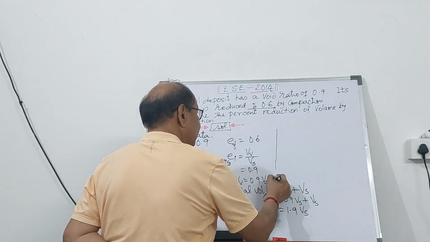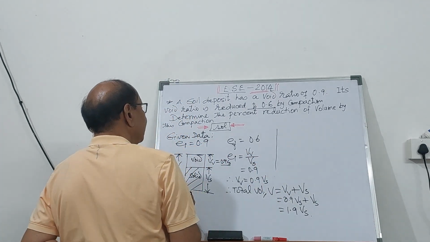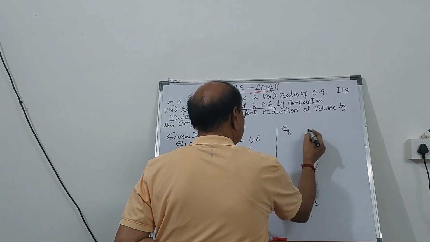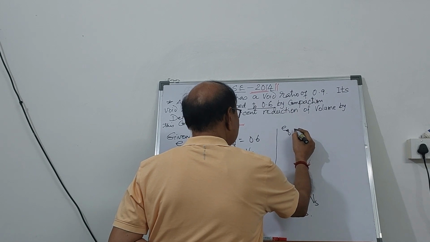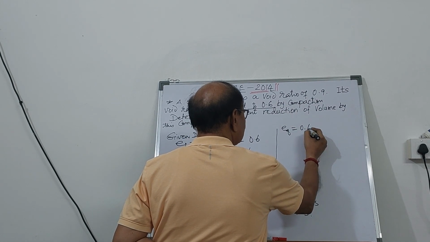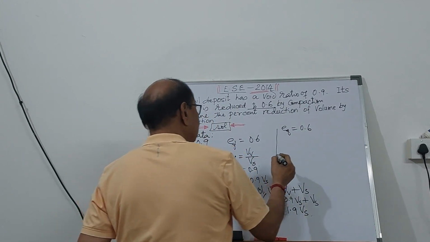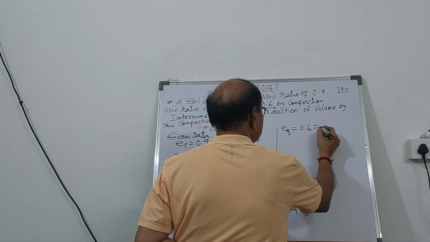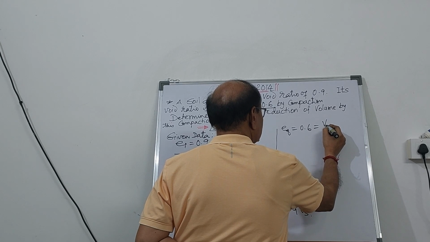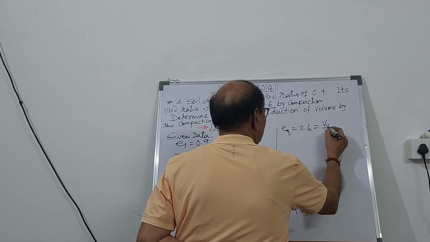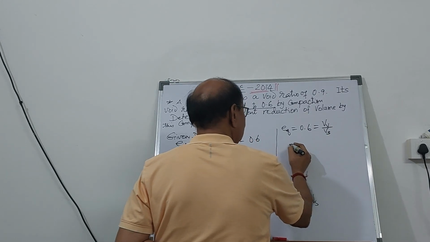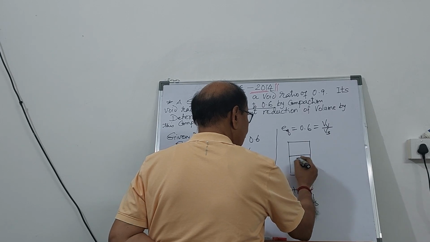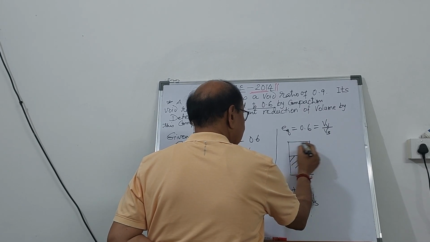Now, let us go to the final void ratio, e_f. So e_f is 0.6 and this is equal to the volume of void upon volume of solid. In the three-phase diagram, we can show the solid part and the void.